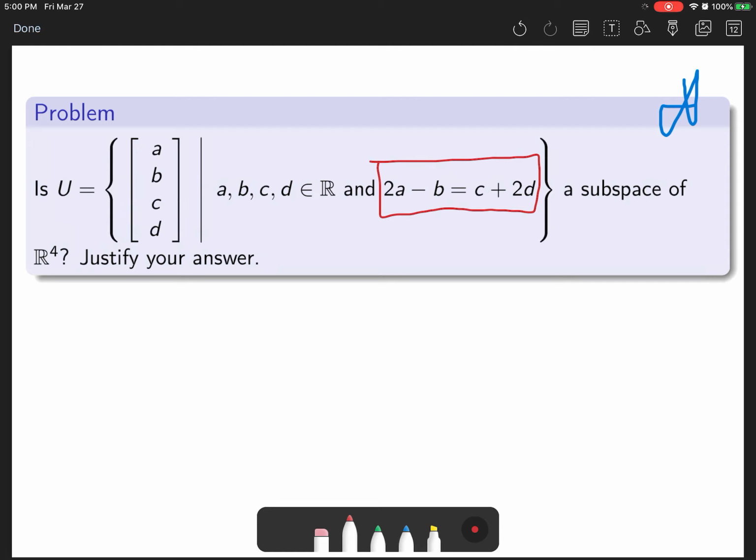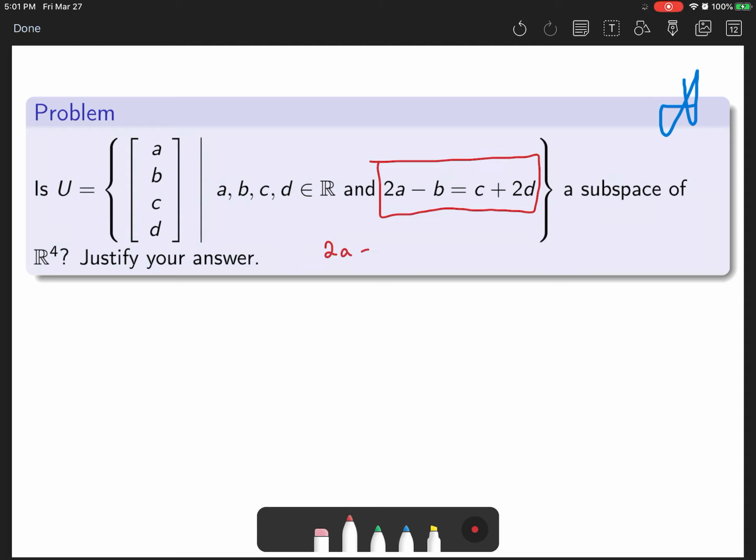Yes, we can determine if the zero vector is possible there, and if you set everything to 0, the zero vector is in this set. We could also test whether if you add two vectors of this form, it stays in the form, and if we multiply a scalar times a vector in this form, whether it still stays in that same form.